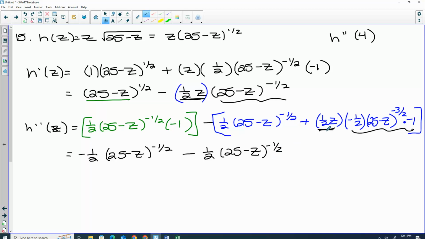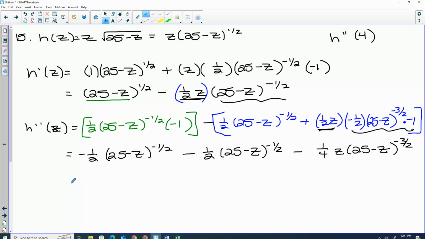When I multiply these coefficients, I get a positive 1/4, but I'm distributing my negative, so minus 1/4 z times 25 minus z to the negative 3/2. Times negative 1.